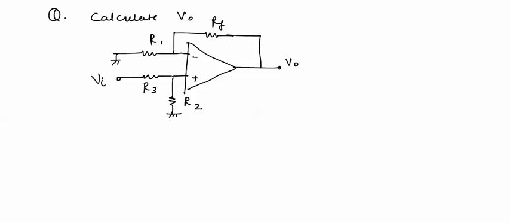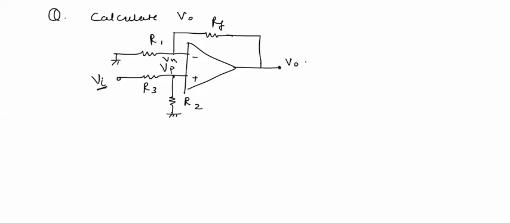This circuit is a non-inverting amplifier with a slight difference. The difference is that this time Vp is not equal to Vi. There is some network which divides Vi, meaning Vp is not equal to Vi.